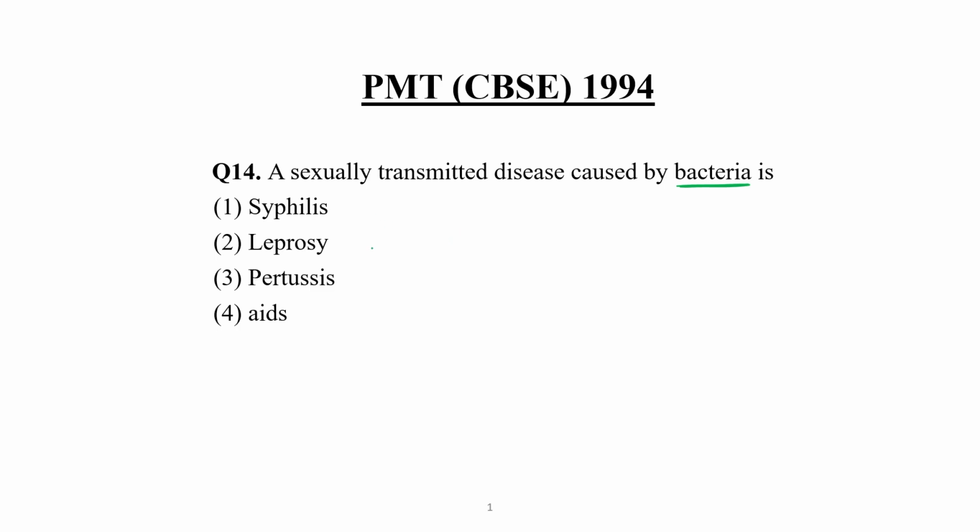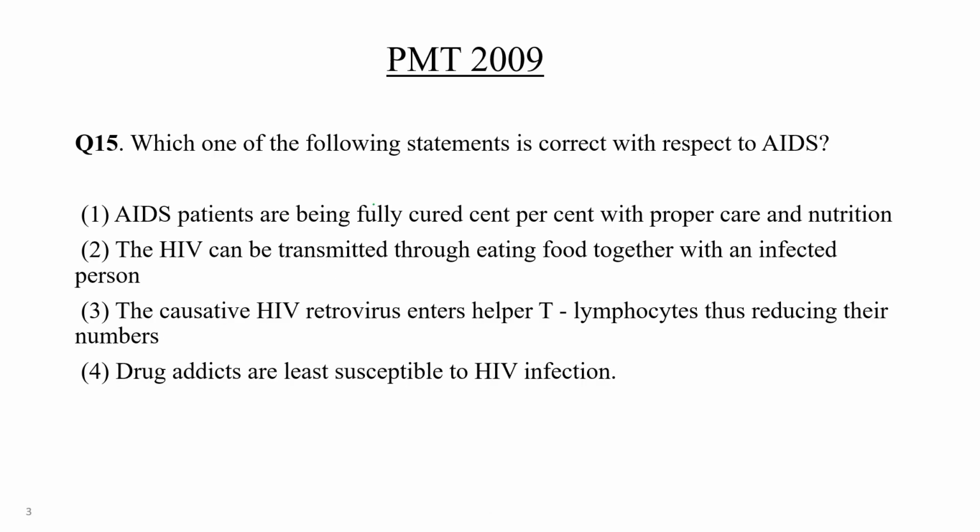So what is the right answer? AIDS is also a sexually transmitted disease, but the causative agent is a virus, the HIV virus, not bacteria. Pertussis and leprosy are bacterial diseases, but not sexually transmitted, right? While syphilis is a type of sexually transmitted disease, Treponema is the causative agent. So choice number 1 would be the correct answer.